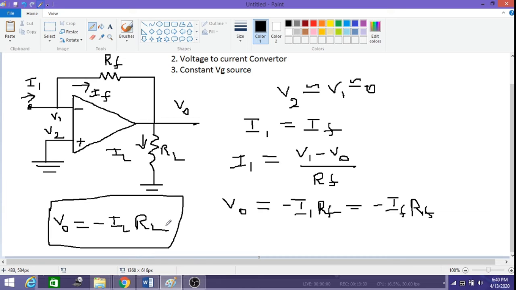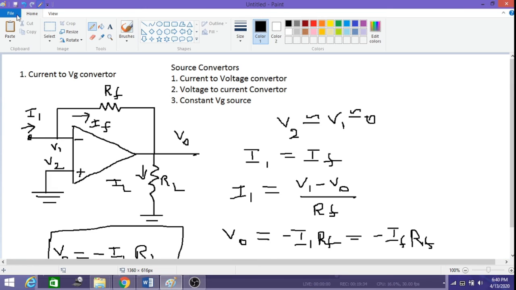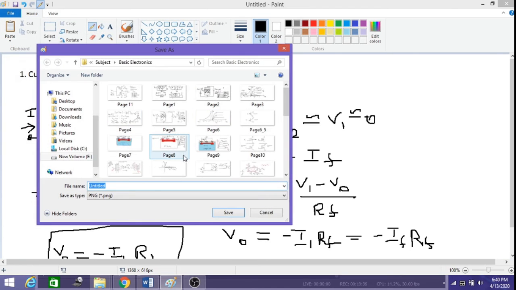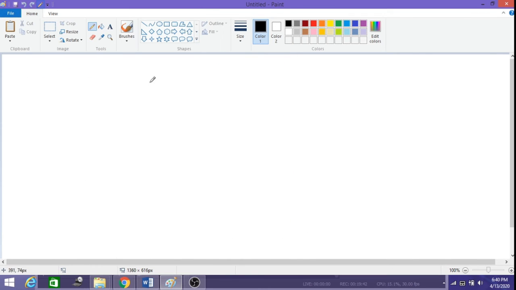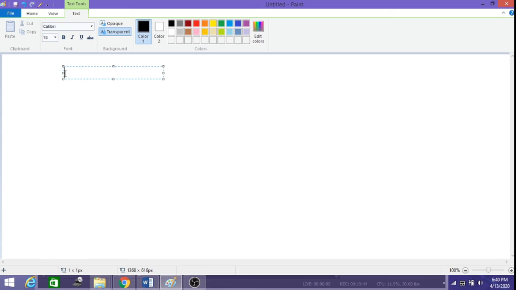Let us quickly talk about the voltage to current converter. Let me save this page here. This is page 42, and let me take a new page. Second, I am going to discuss the voltage to current converter.